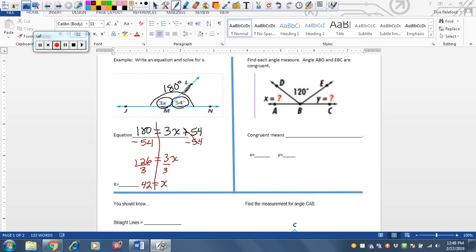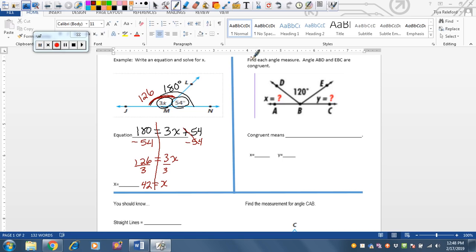So the angle from here to here, just this red part, that angle equals 126. But we are solving for x, so we had to find out what that x equals. So it's a little bit different. Like we took what we did a second ago and we just made it a little more difficult.